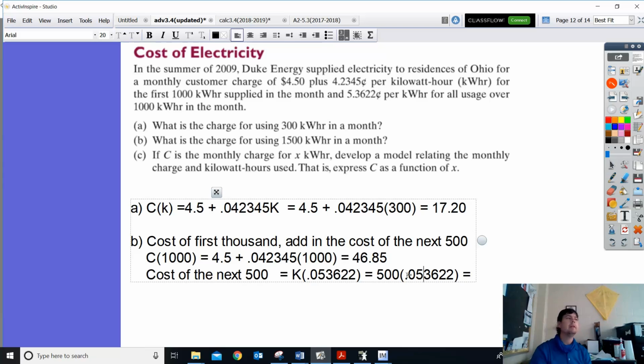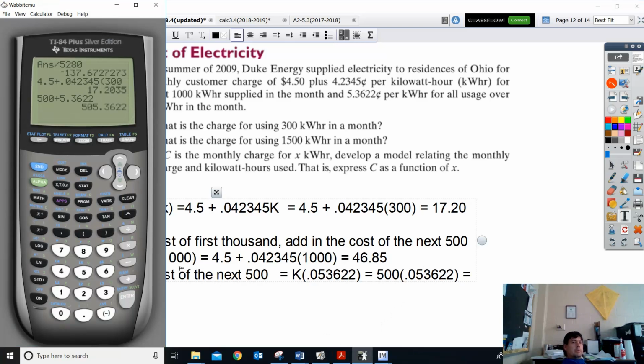I'm not trying to do everything in one line. But you type that in, we did 500, we're supposed to do 500 plus. No, it's multiplication. Oh, I did, didn't I? Yeah. Well, that explains a whole lot too. 500 times. $26.81.